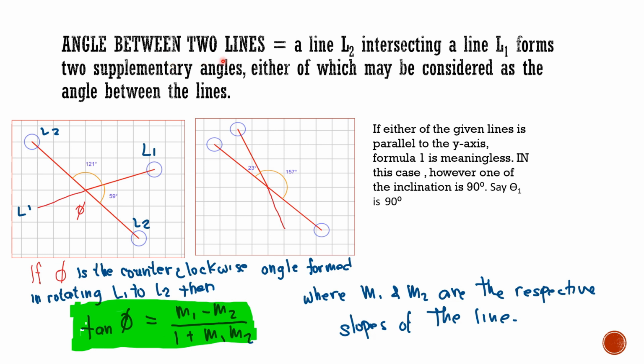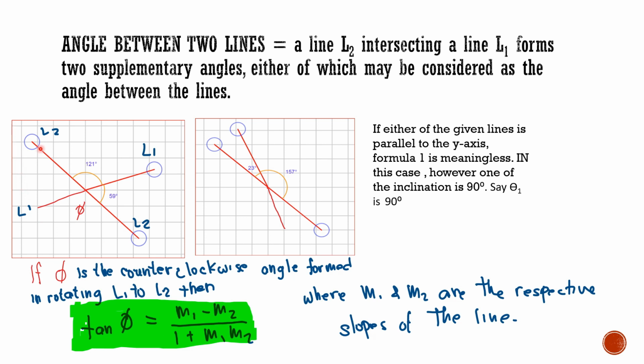Angle between two lines. A line L2 intersecting a line L1 forms two supplementary angles. Yung supplementary angles, two angles that when you add together will have a sum of 180 degrees, either of which may be considered as the angle between the lines.